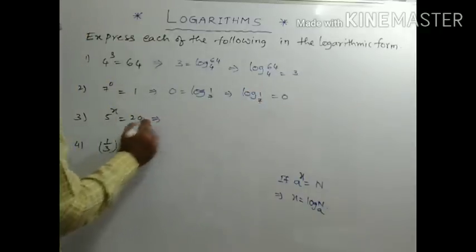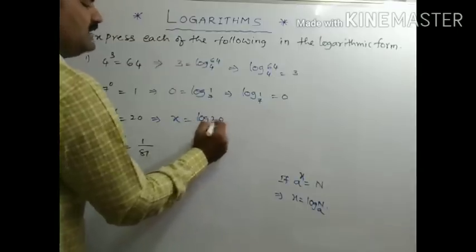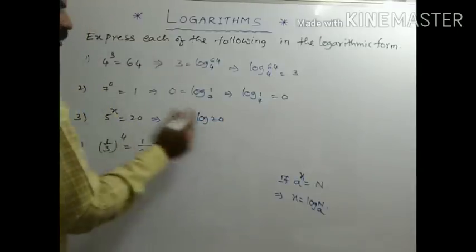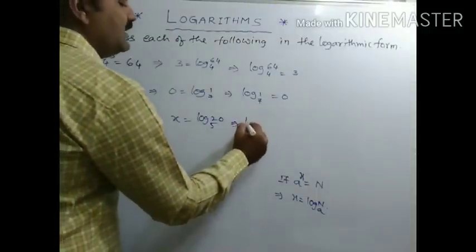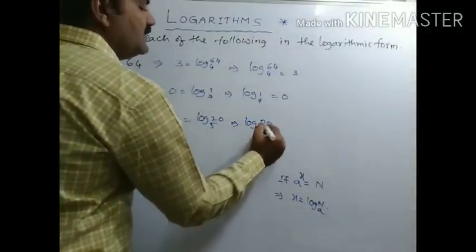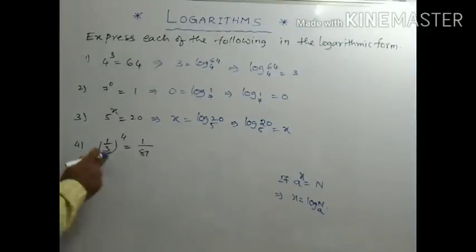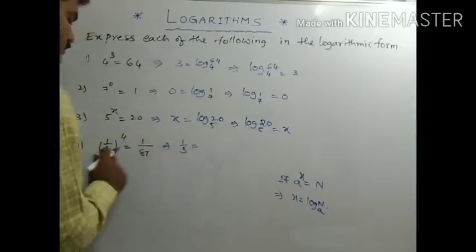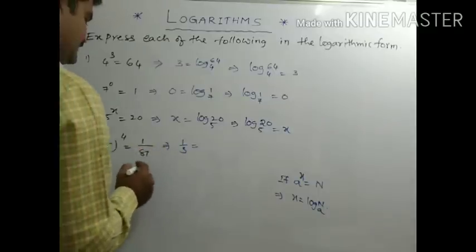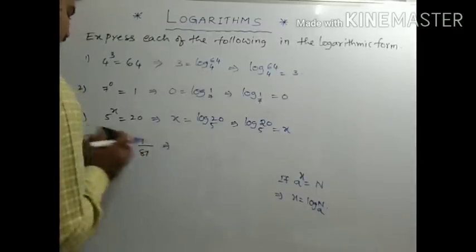Now similarly, see, this is x is equal to log 20, and this 5 is the logarithmic base now, base 5. So we can write it as log 20 to the base 5, which is equal to x. And finally from this, 1 by 3 is equal to, what can we write? Not 1 by 3. What is the power here? It is 4.